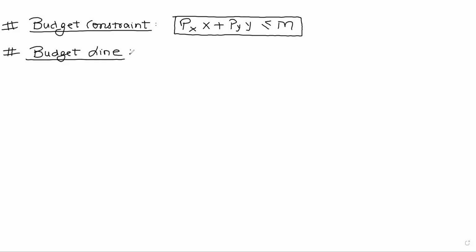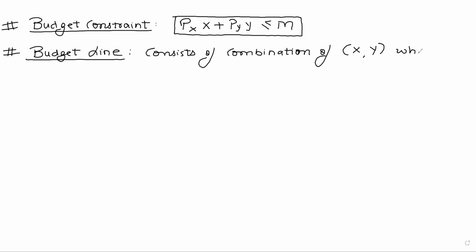So budget line consists of combinations of x comma y which cost the consumer exactly his income.